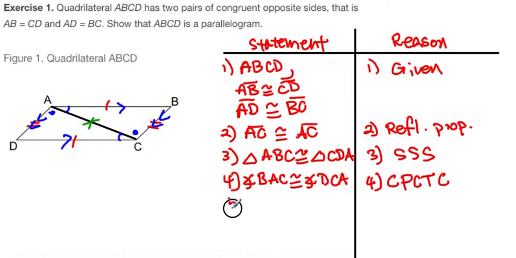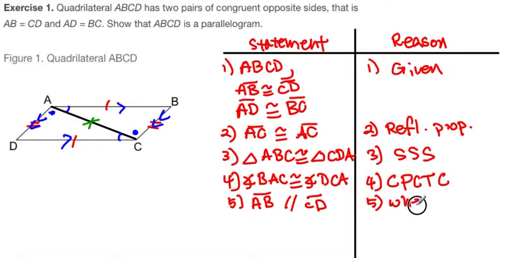Now, this tells us that line segment AB must be parallel to line segment CD. Why?